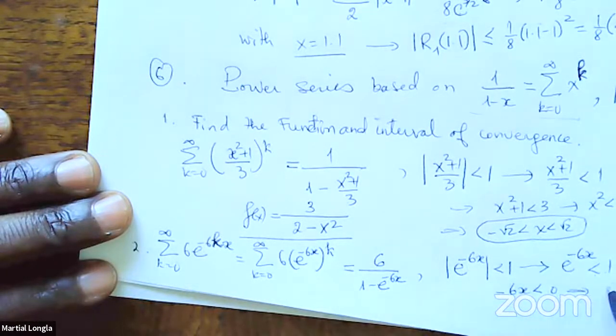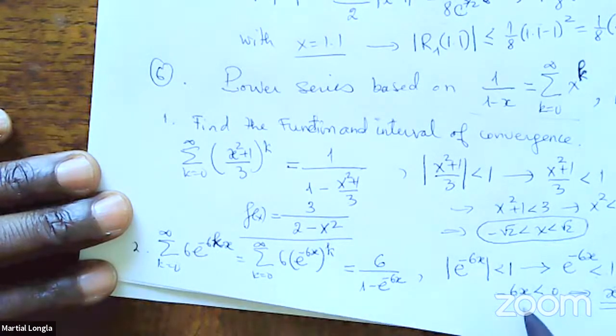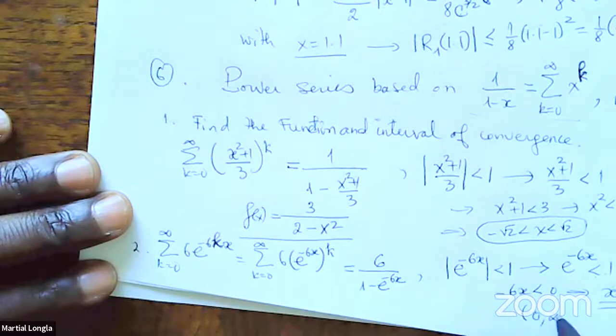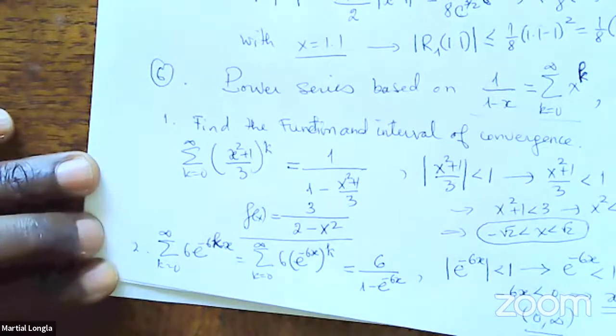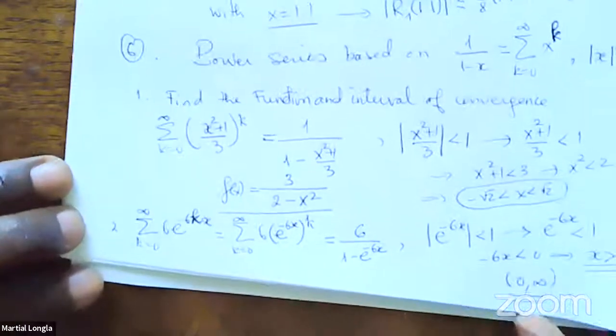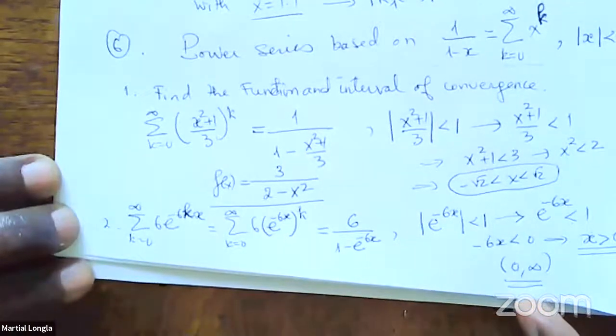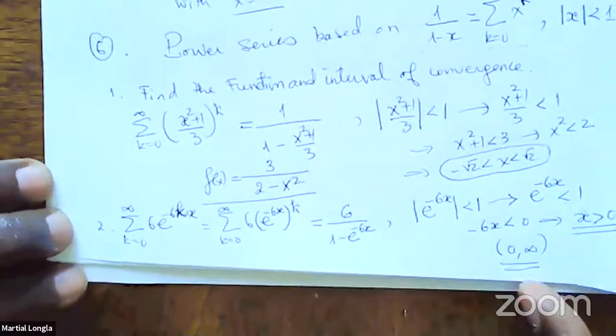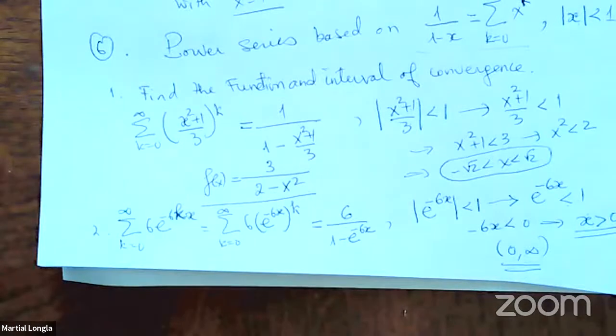And that gives you x strictly larger than 0. So that's the interval of convergence, 0 to infinity. And there is nothing else to provide there as work.